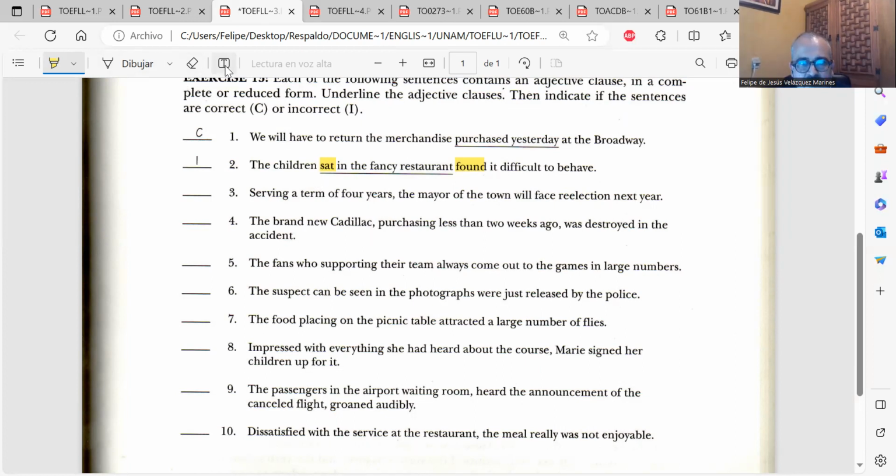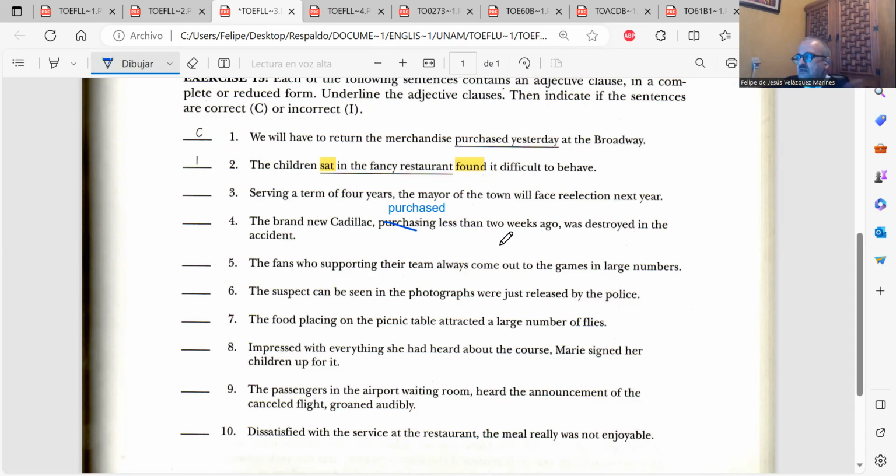So you have to say the brand new Cadillac purchased less than 2 weeks ago was destroyed, or purchased less than 2 weeks ago, comma, the brand new Cadillac was destroyed. This sentence like this, just changing to purchased, is correct. We don't have to front it.